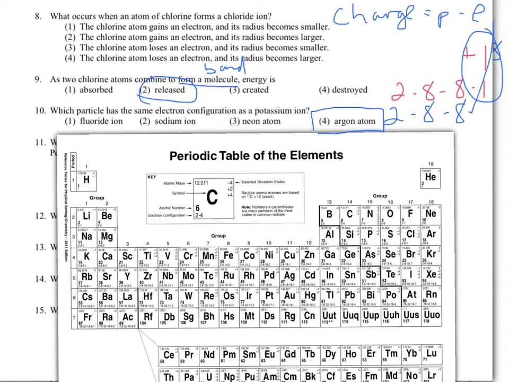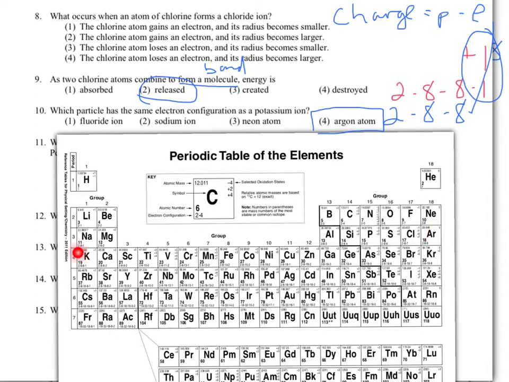Now a fluoride ion. Fluoride has an electron configuration of 2, 7, but it has a charge of -1, meaning it gains an electron. So its electron configuration is 2, 8. So it has the same electron configuration as neon, the closest noble gas.